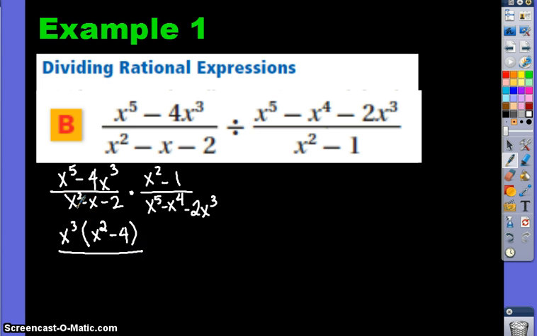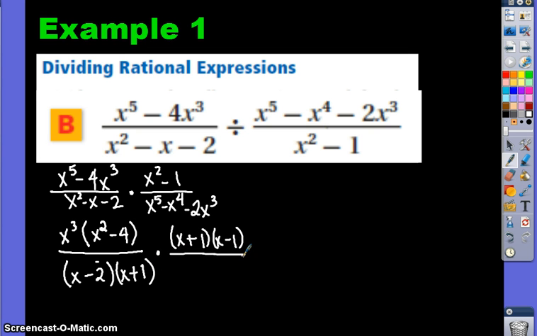Down here we've got another trinomial. We could factor that as x minus 2 and then x plus 1, times a difference of two squares right here, x plus 1, x minus 1.